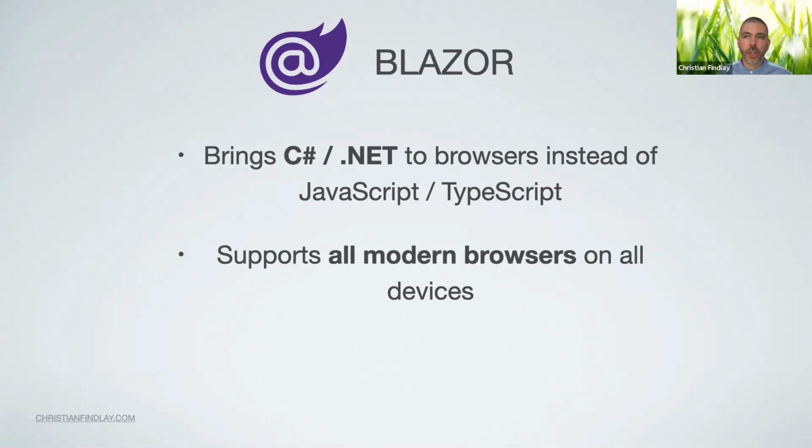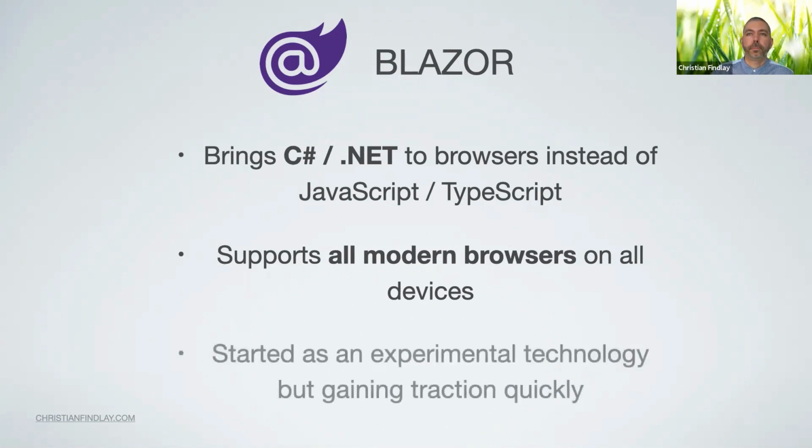But for server-side, you can work with Blazor if the clients don't necessarily have the latest browsers. It started out as an experimental technology within the last couple of years. It just sort of came out of nowhere from Microsoft, but it is gaining traction very, very quickly. And it seems as though Microsoft is putting a lot of weight behind this technology.